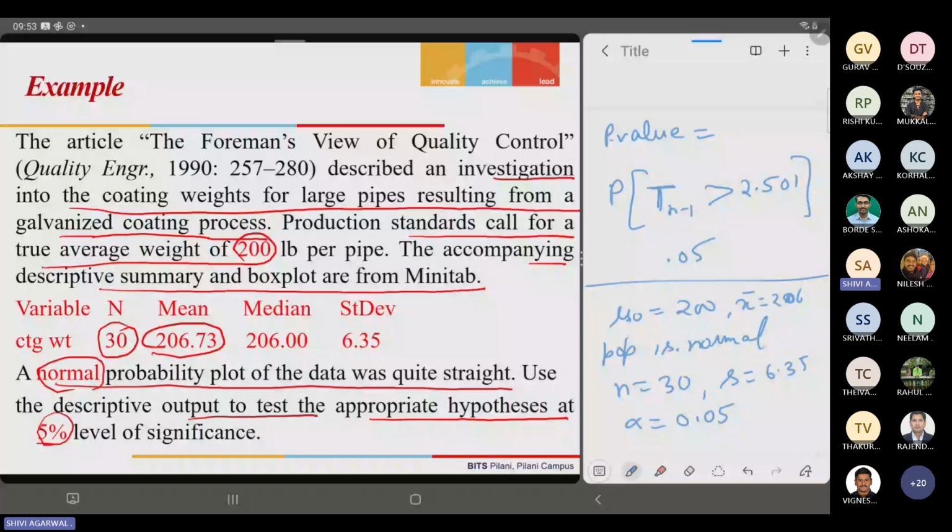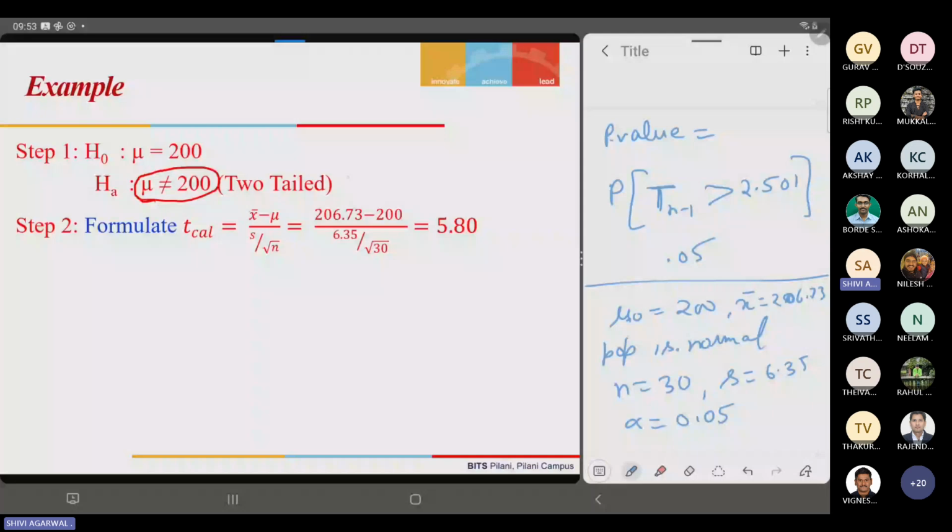Now we have to make the hypothesis test here. So mu is not equal to 200, which becomes a two-tail test. Again, N is exactly 30. Sigma is not known. The population is normal. If N were greater than 30, then we would apply the CLT. Okay. So we can't apply the CLT here, and we are using the T distribution.